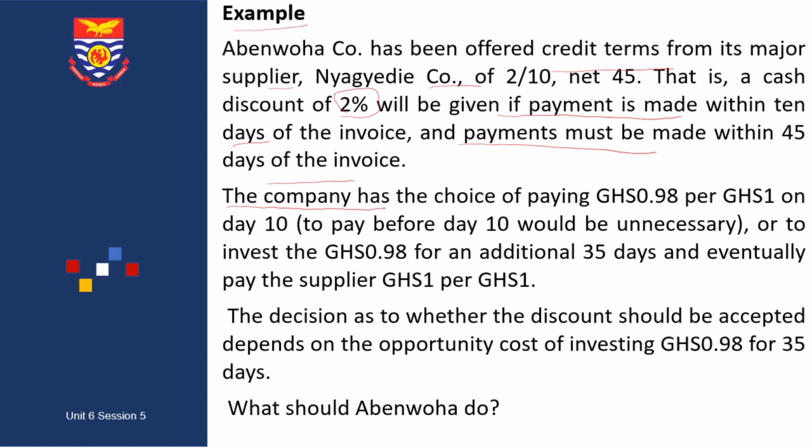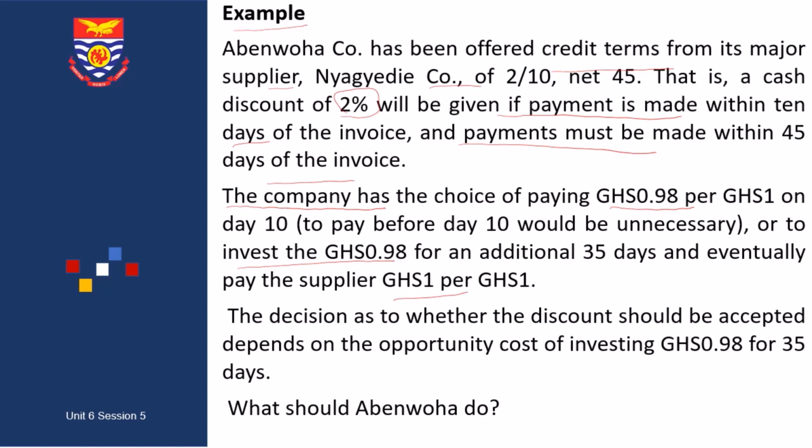So the company has the choice of paying 0.98 per 1 cedi on day 10, or investing the 0.98 for an additional 35 days and eventually paying the supplier 1 cedi. If you wait for the 45 days, you pay 1 cedi per 1 cedi.